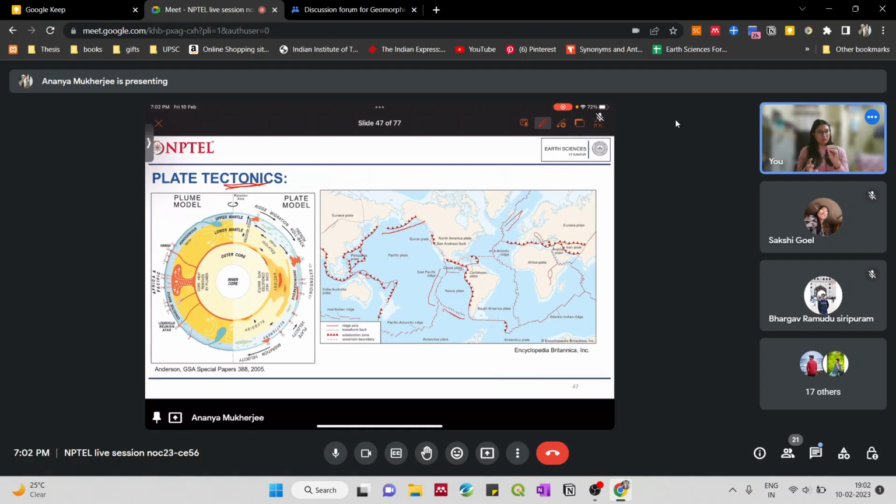Now the driving force of mantle material rising on top happens in both the plume model and the plate model. Okay, to understand in a more schematic way, you can consider the plume model, and to understand only how the crustal blocks are moving relative to each other, you can consider the plate model. For now we are only going to talk in terms of the plate model.